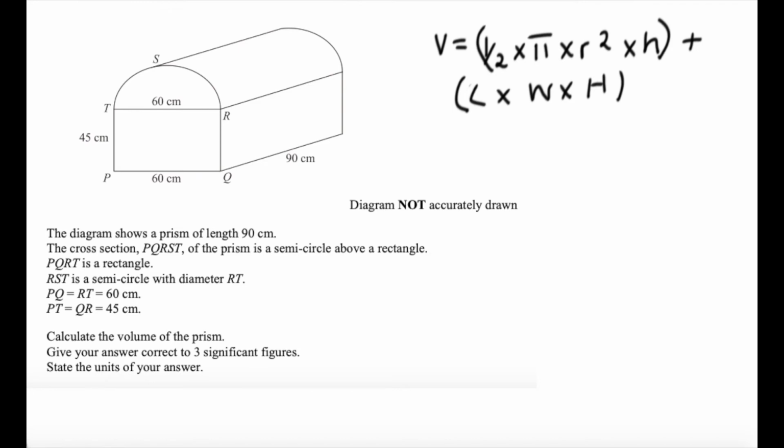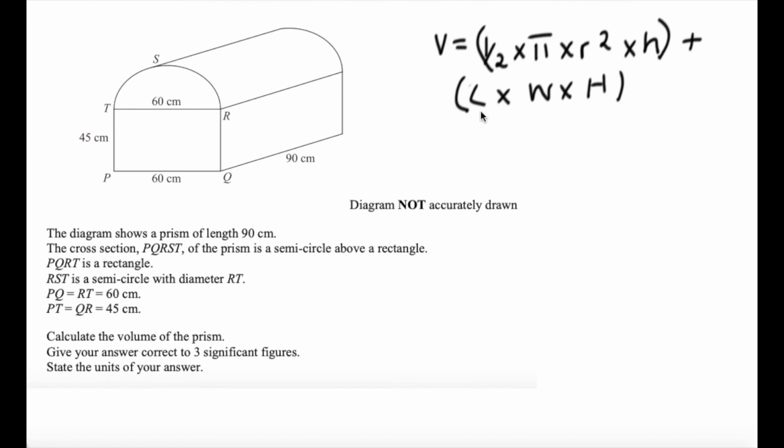Now, the first part of the prism, we've already done it on question number 4 before. So we already know to find the volume for that part, it's half times pi times radius squared times height. Now the bottom part of the prism is a rectangular prism. To find the volume of a rectangular prism, it's length times width times height.